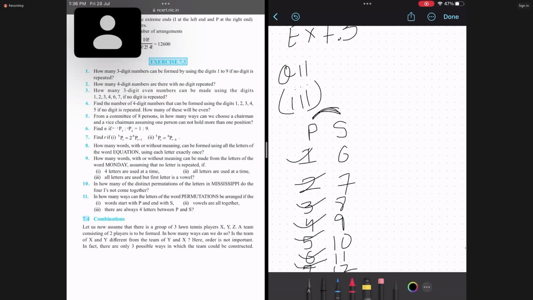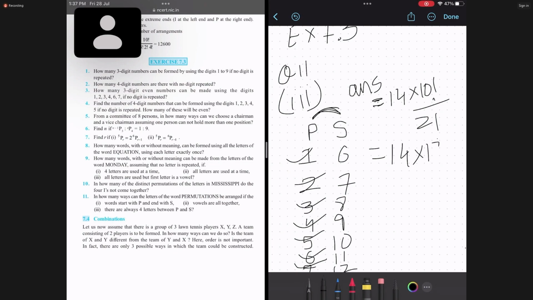Correct? So we have answer as nothing but 14, this is the number of ways you can fill in P and S, into 10 factorial, because the number of letters and positions that are left is 10, divided by 2 factorial, because you need to keep in mind the repeating T also. Correct? So we have 14 into 10 factorial divided by 2.